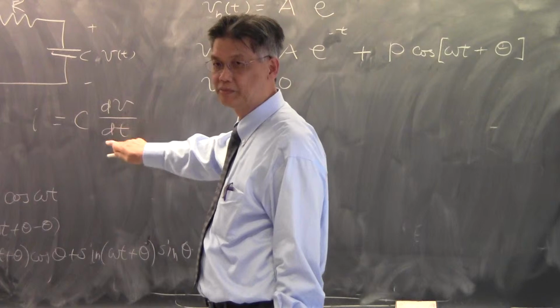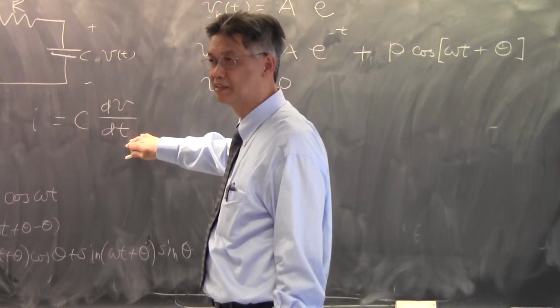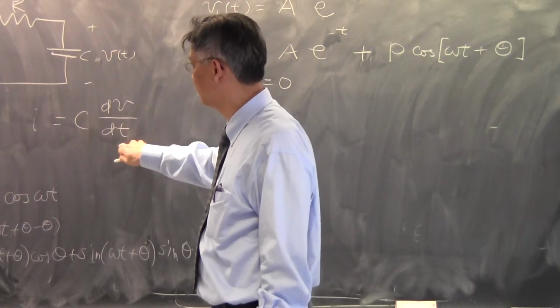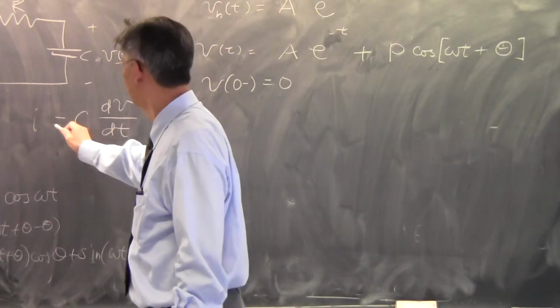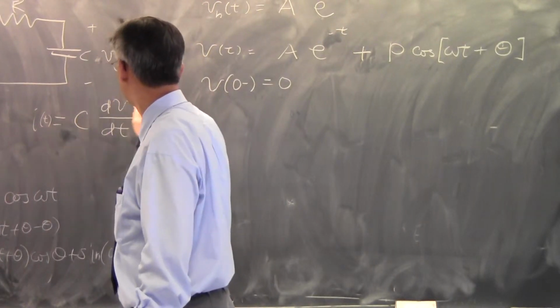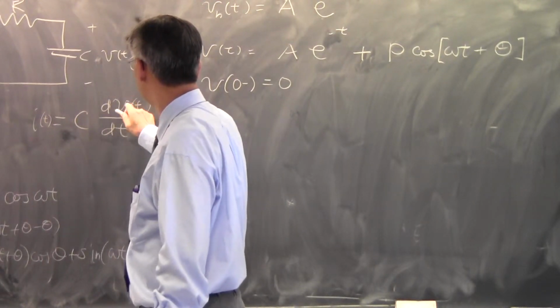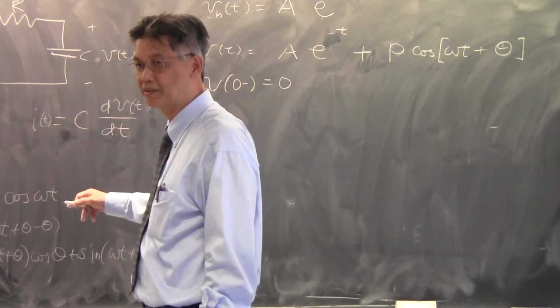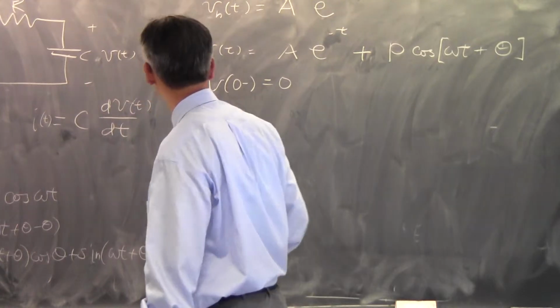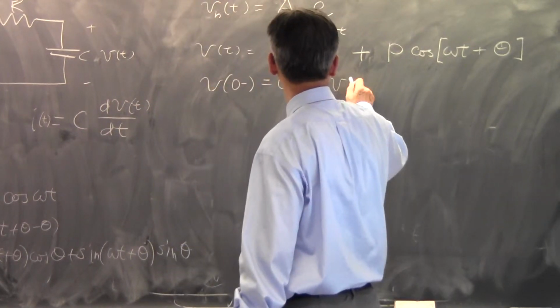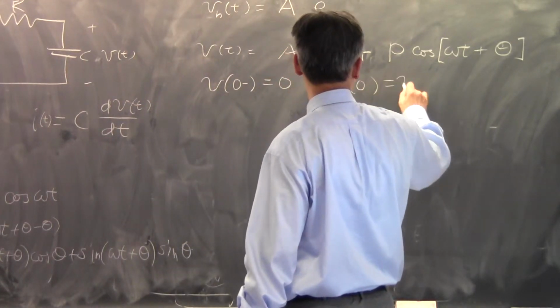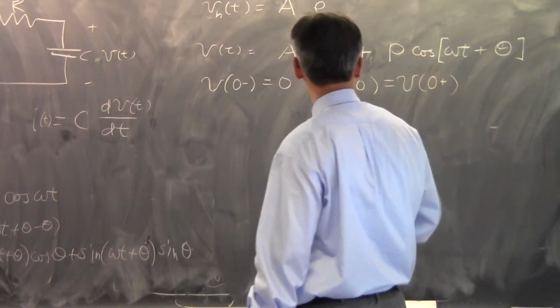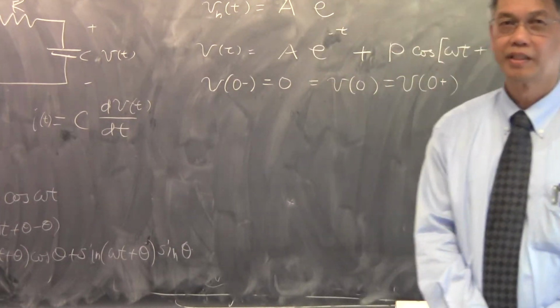If it jumps, when you differentiate it, it goes to infinity. The value of the current can jump, but the value of the voltage on the capacitor cannot jump. Otherwise, you get some ridiculous answer for this equation. So v of 0 minus must also be equal to v of 0, and to v of 0 plus. It must all be the same.